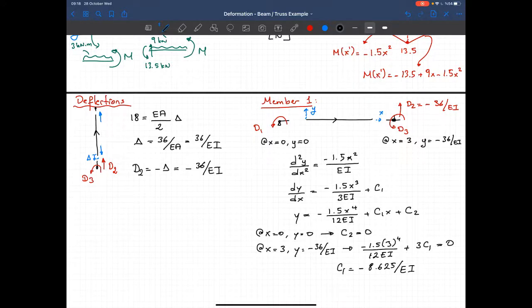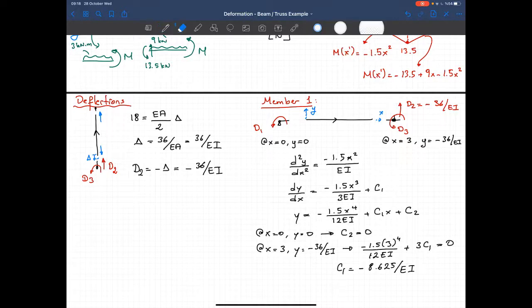So let's calculate the slopes now. We determined the equations, so let's calculate the slopes.